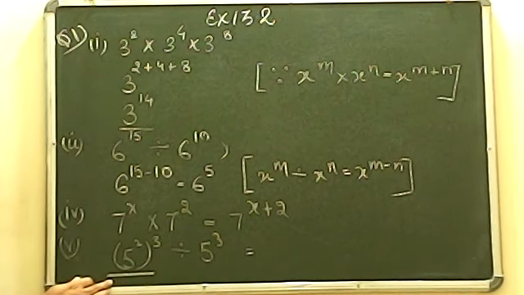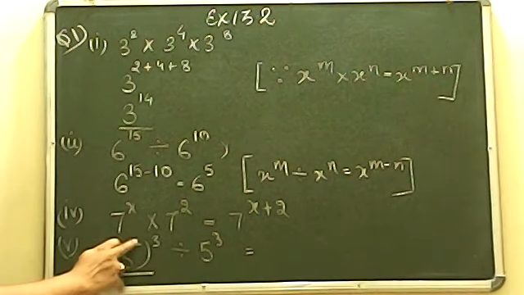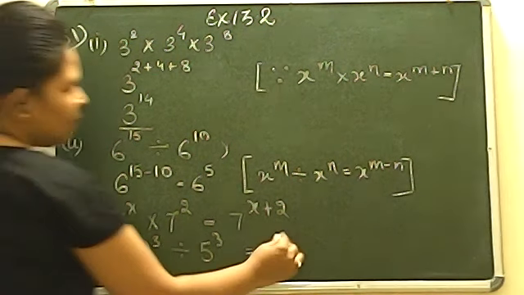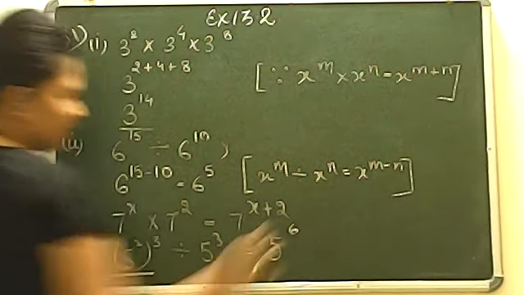Look at here first. 5 to the power 2 to the power 3 means this is the law power of power. Power of power means, I have taught you, when you have power of power, power will get multiplied. So 3 के ऊपर 2 लगा है, 2 के ऊपर 3 लगाओ, दोनों ही cases में you will have 2 into 3 and answer will be giving you for this term 5 to the power 6.